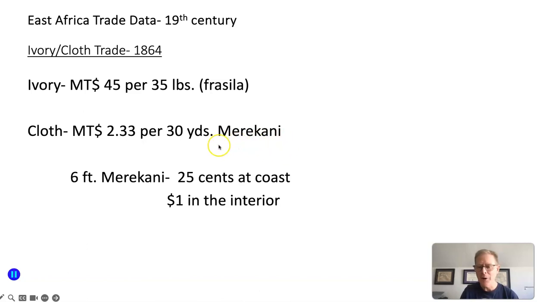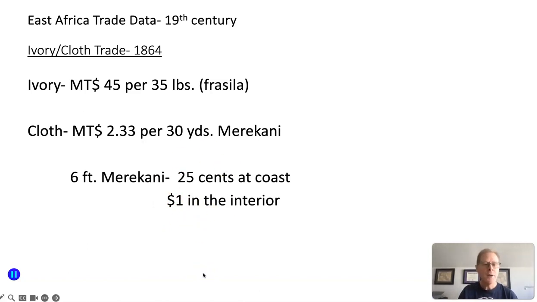That's the Swahili word for American. It's American cloth from mills in New England, northeastern United States, specifically from Lowell, Massachusetts. And 6 feet of cloth then sells for 25 cents at the coast, but obviously because of transport costs and so on, $1 in the interior.